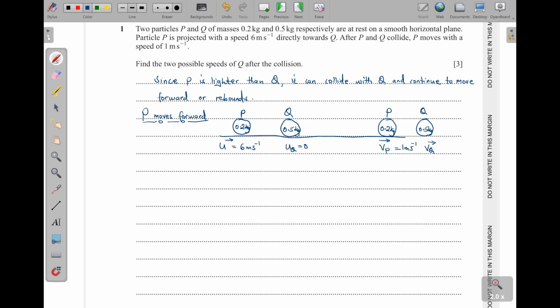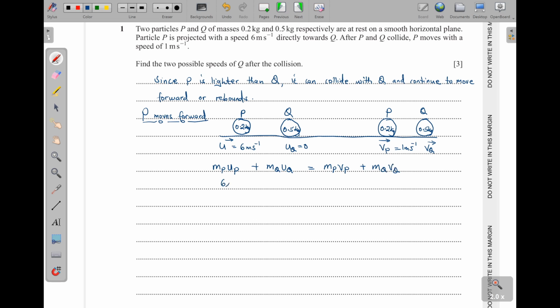Now, applying the principle of conservation of momentum, momentum before collision is equal to momentum after collision. So we shall have MP UP plus MQ UQ, because momentum is the product of mass and velocity, then MP VP plus MQ VQ.